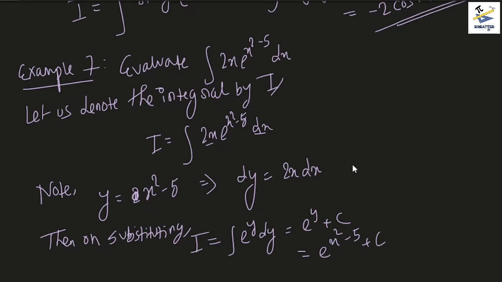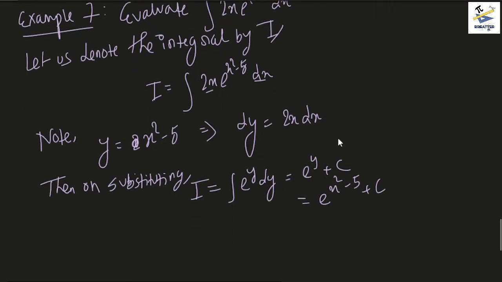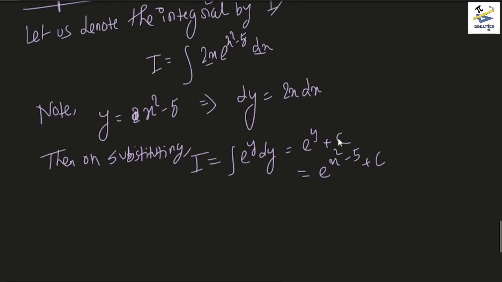So for this type of integrals, if you find the derivative of a term directly present inside the integral, try to substitute for that term so that you can reduce it into a common integral or an integral that you know of, okay? Because only then would it be easier for you to find out what to do.